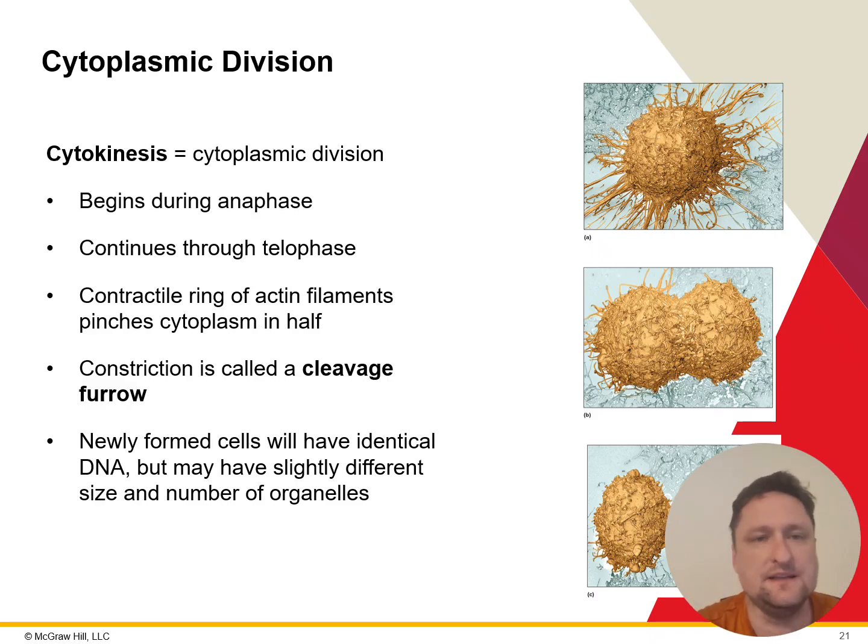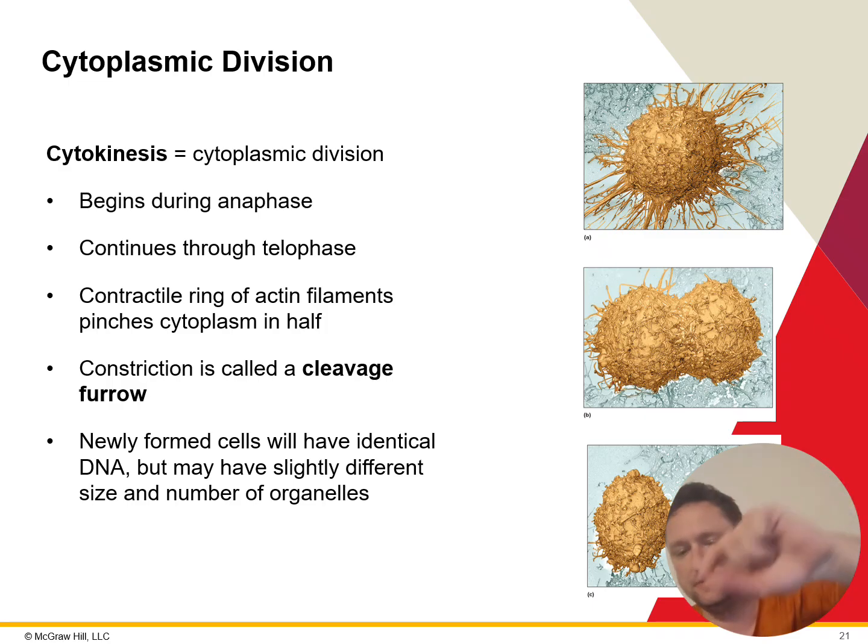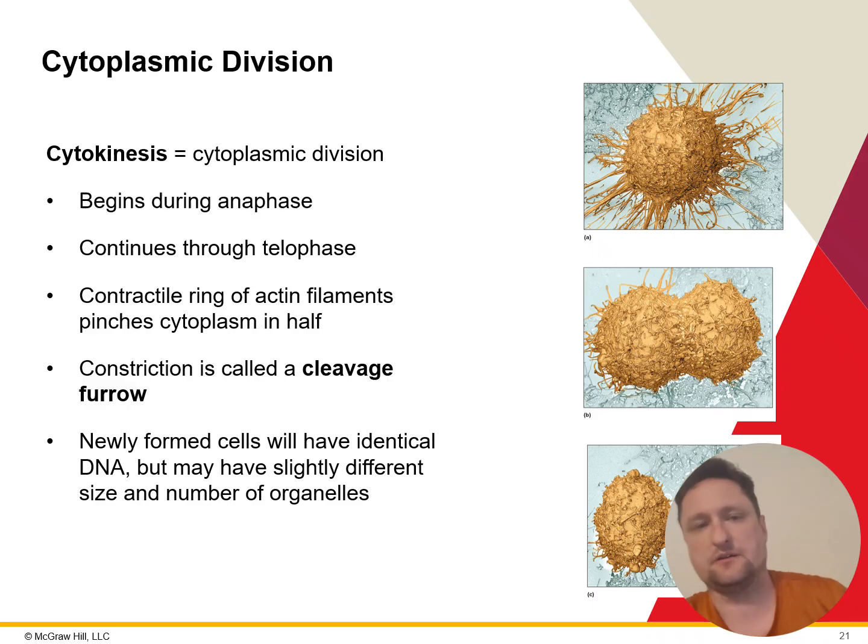All right, cytokinesis. This is the division of the cytoplasm, completing the process of cell division. Cytokinesis begins during late anaphase, and it continues through telophase. In here, a contractile ring composed of actin filaments forms around the cell's midsection.